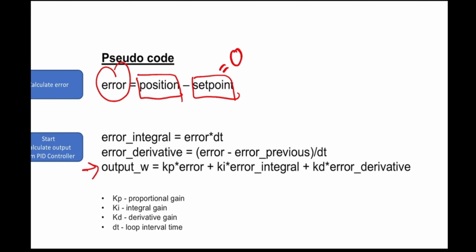The output is the angular velocity. We have the constant value Kp multiplied by error from here, right? Ki multiplied by error integral. Kd multiplied by error derivative.